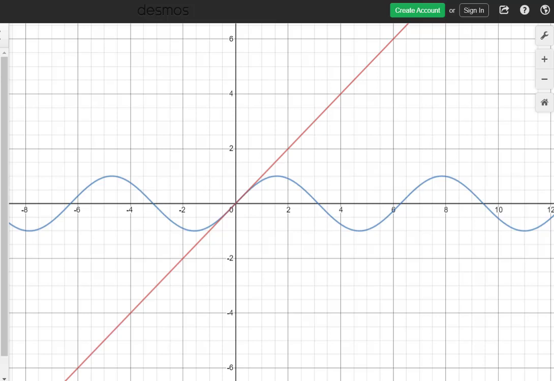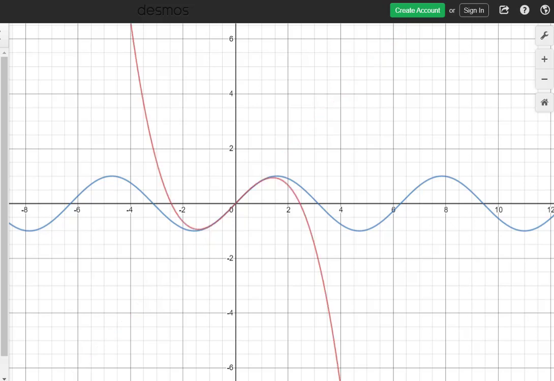As we look at this, you see that the red line is an elementary function, and it does seem to match the sine function at certain places. Now I can change that red function to a different function, and it will match up in a few more places. Notice that this looks like a cubic function, and it matches in more places.